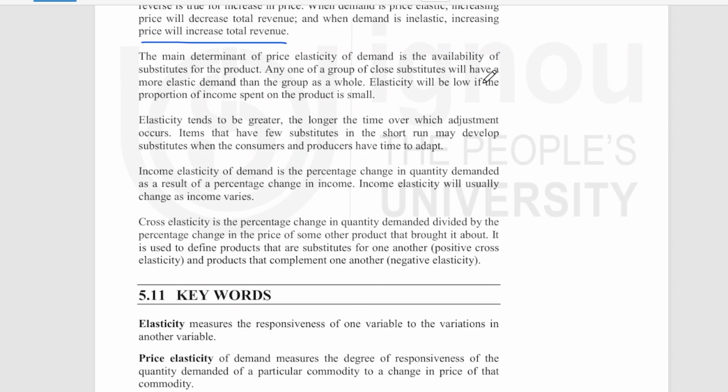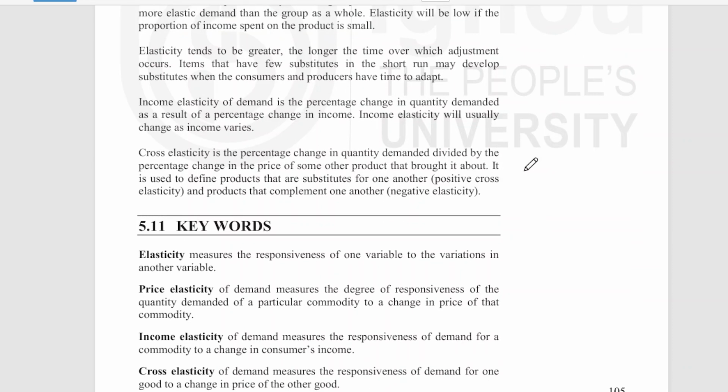Any one of a group of close substitutes will have a more elastic demand than the group as a whole, and elasticity will be low if the proportion of income spent on the product is small, and elasticity tends to be greater the longer the time over which adjustment occurs, and the items that have few substitutes in the short run may develop substitutes when the consumers or producers have time to adapt.